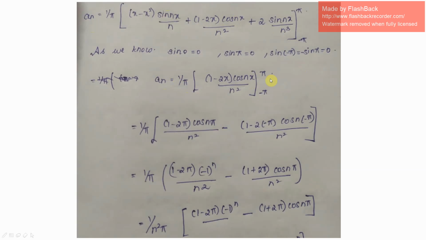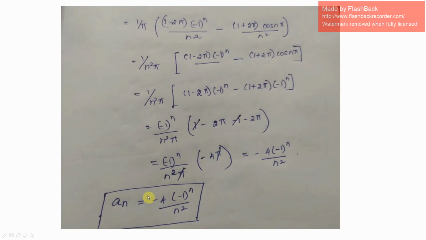I hope you understood. Okay, now what I'm going to do is, in the place of x, I'm just going to replace pi. So I'll be having 1 minus 2 pi cos n pi by n squared and minus the lower limit. So wherever I'm having x, I'll replace it by minus pi. Okay.